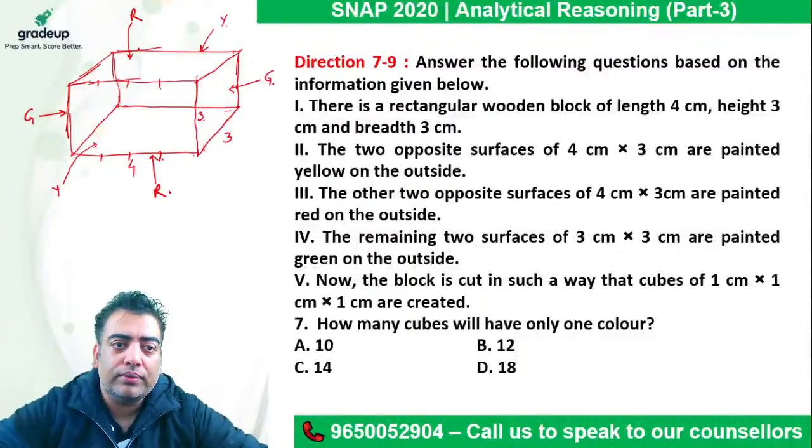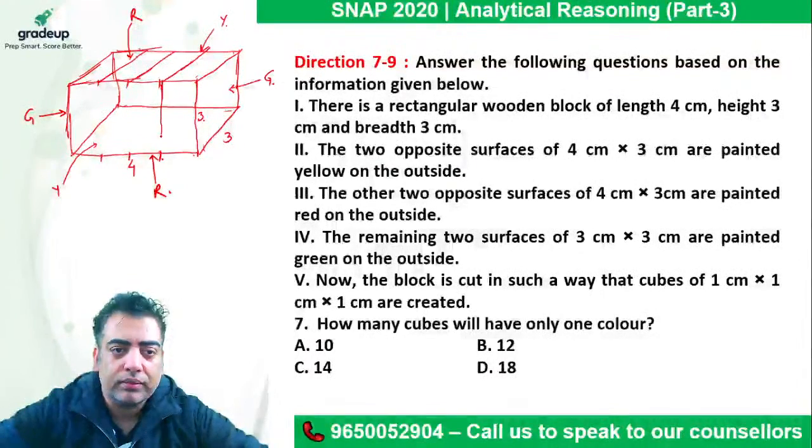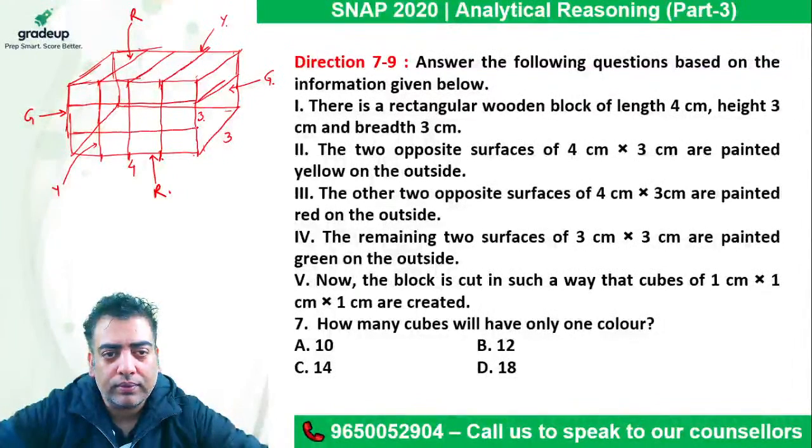I'm drawing it for you so that you can understand how the cuts are made. Then this 3 should be divided in 3 equal parts, something like this. So this dimension is also 3.